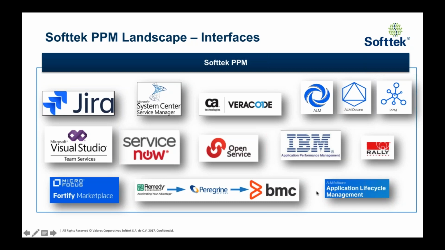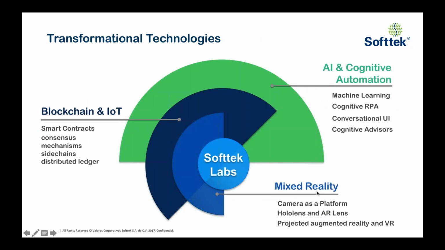Let me move on. I actually run the labs in SoftTech. That means that we have several different locations where we have researchers doing some research, creating digital products, and that's what we call a lab, right? There are several kinds of labs. Sometimes when I talk about a lab, people think of chemical products or maker spaces.